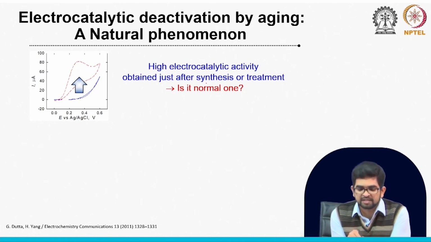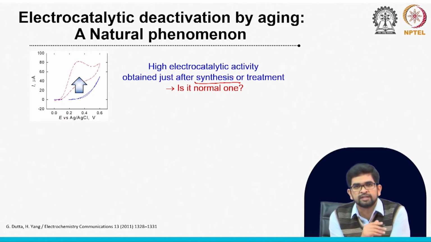Why am I saying synthesis? Because last time I taught you that if you go for nanomaterial synthesis, by the citrate or ascorbate method or any kind of reduction method from the gold salt, then you get gold nanomaterial. But after storage for some long time you get lower activity.